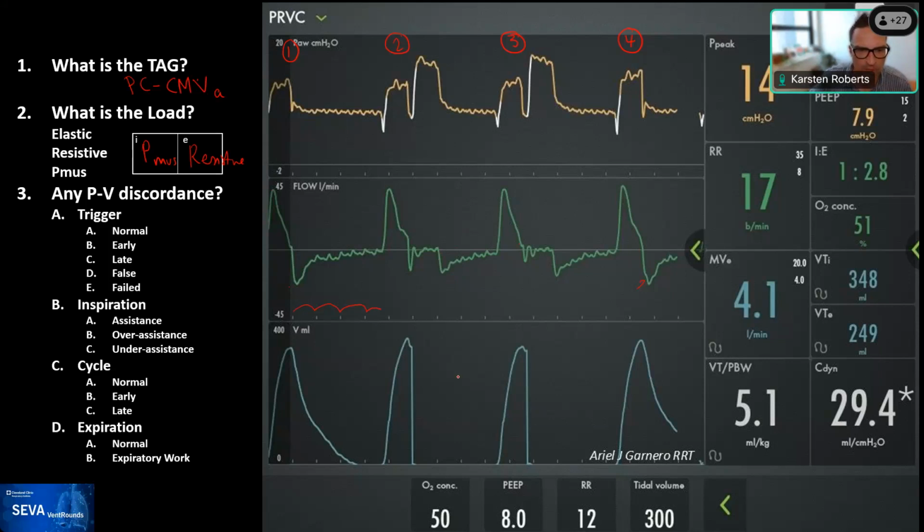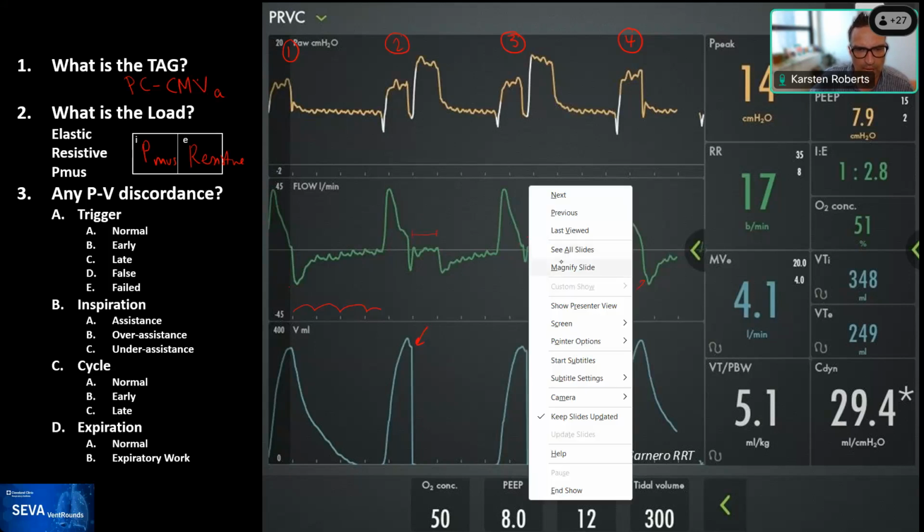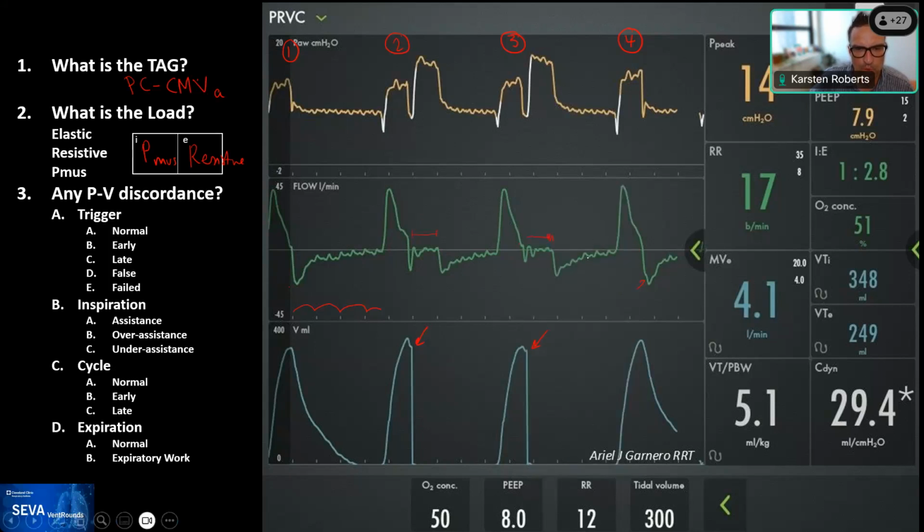So Ari pointed out a moment ago that the volume cuts off and that we see this chunk out of the expiratory phase of the breath in the flow waveform, where we don't see a flow for almost a full second, and then we see the breath go back to what I would describe as almost normal, or at least what we would expect from looking at that first expiratory cycle.